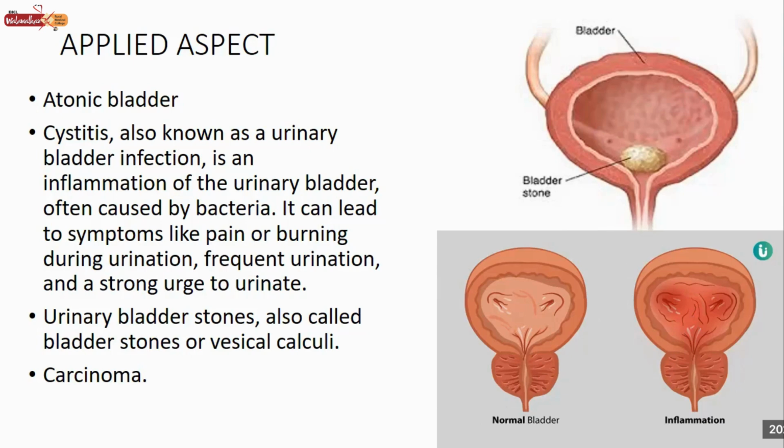Many times, if a large stone goes and gets stuck in the neck, then there will be dilatation, the urine cannot be passed, and the patient comes to you with inability to pass urine and distension, and there is a mass in the abdominal cavity. At that time you have to remove it, and that is the approach through the anterior abdominal wall. Urinary bladder stones are also called bladder stones or vesical calculi.